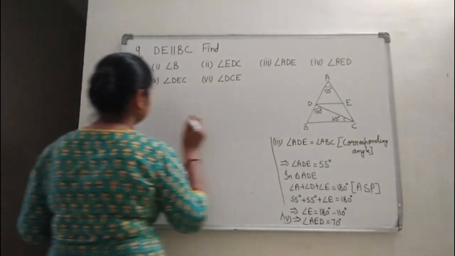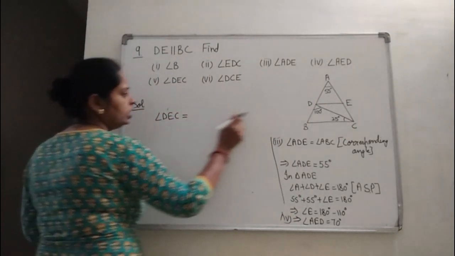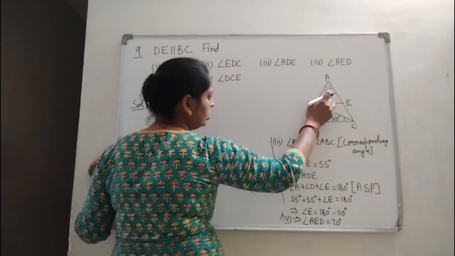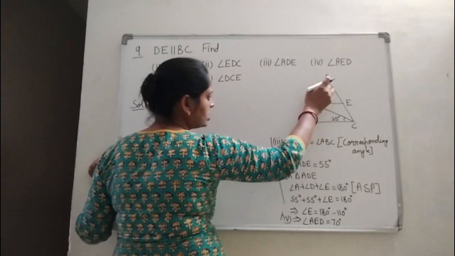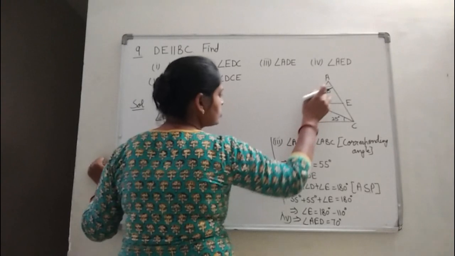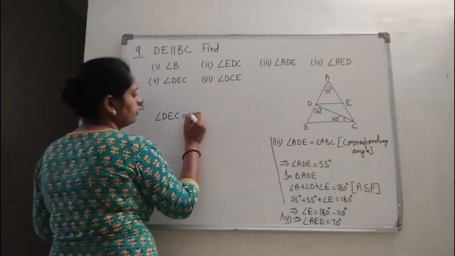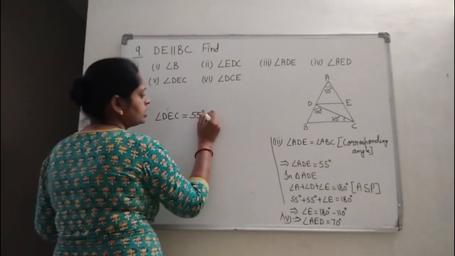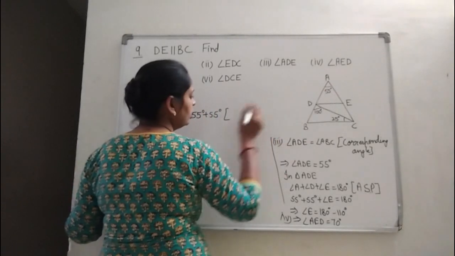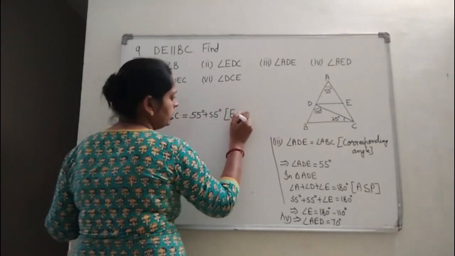Angle DEC is the exterior angle of this triangle, and we got the measurement of angle A, and angle D is also 55. We have calculated ADE. So angle DEC will be equal to 55 degrees plus 55 degrees. What is the reason? These two are the two opposite interior angles, by exterior angle property.